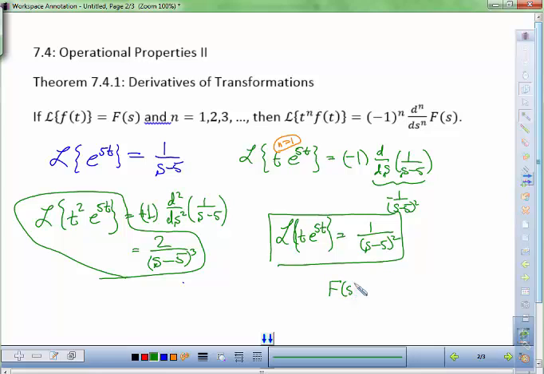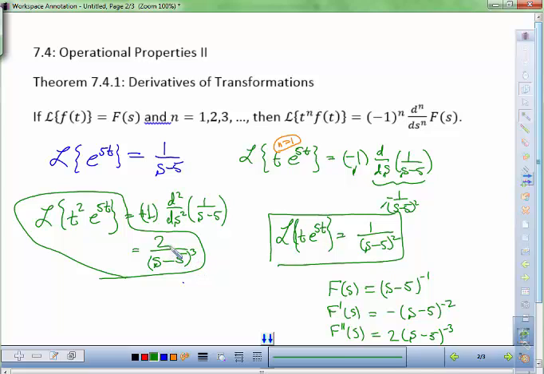So my F(s) is equal to (s minus 5) to the negative 1 power. So the first derivative is negative (s minus 5) to the negative 2 power. The negative here and the negative here cancel each other out and become positive. But now if I want the second derivative, the negative and the negative become positive, so this is 2 (s minus 5) to the negative 3 power.